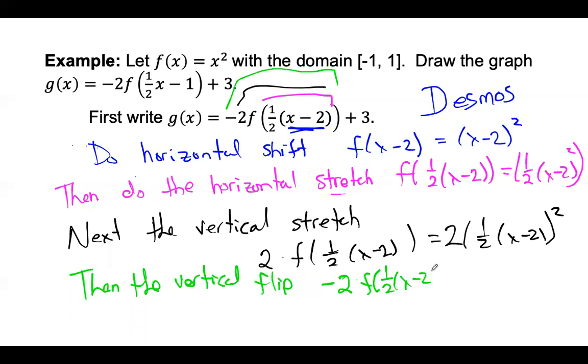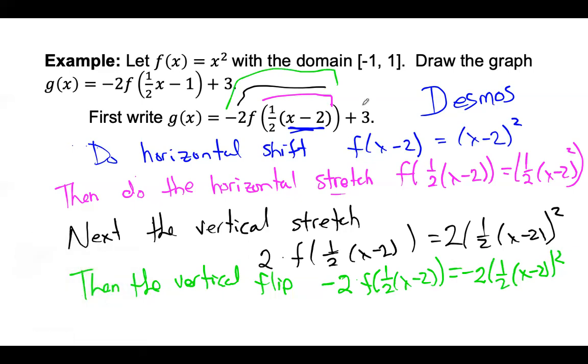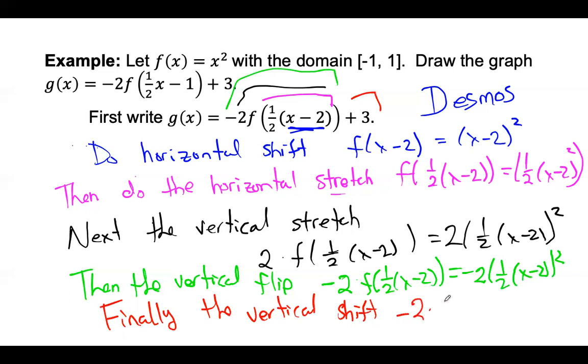So you can graph a lot of these functions, essentially. And then the last step is adding the 3, the vertical shift. So it's similar to BEDMAS, where you go inside first and then outwards, but this time with functions.